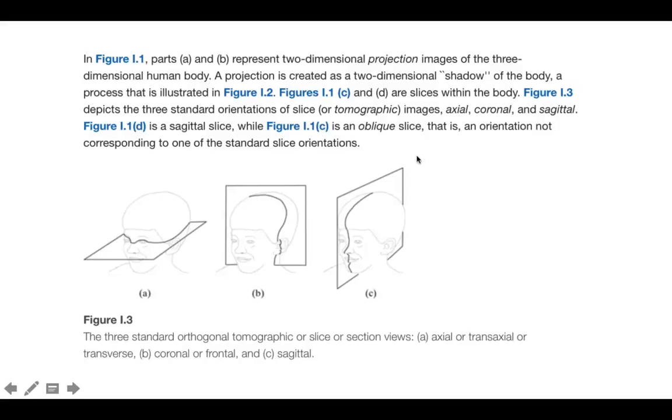And so this is basically done by creating tomographic images. So tomographic images require more sophisticated instrumentation as well as more sophisticated data processing.